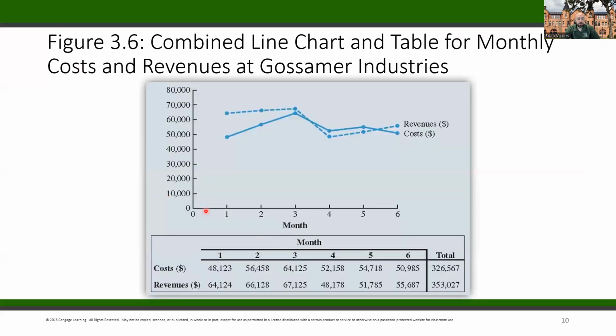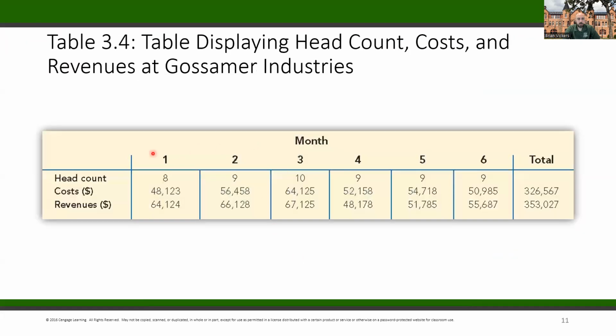While you're also trying to chart month over month the revenues and costs, head count wouldn't really fit on a line going across this in any way. So that has to go onto a third line, which could be presented here.